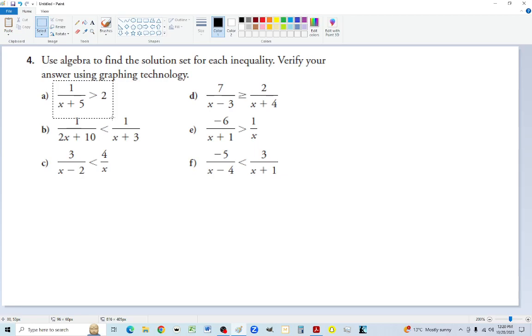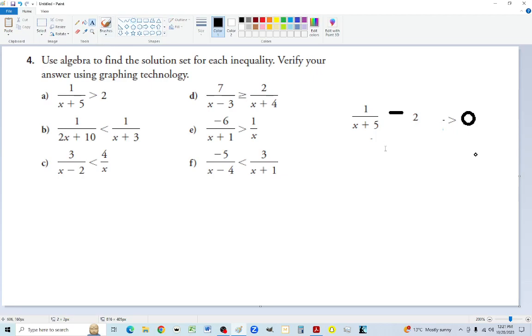Okay, we're going to put the minus 2 on this side. And if I multiply minus 2 by x plus 5, oh yeah, that's a 0 on the right side now. Bigger than 0, so we're looking for positive.